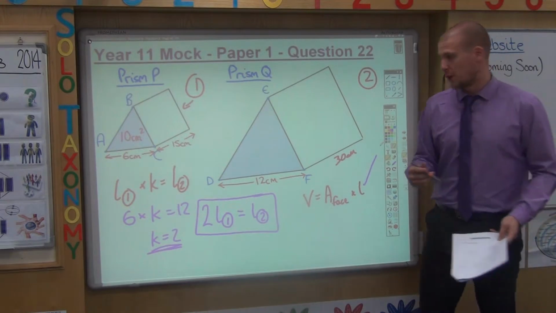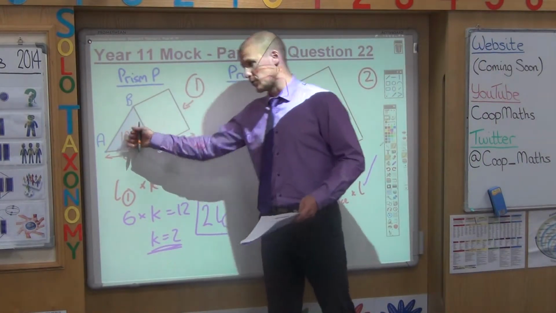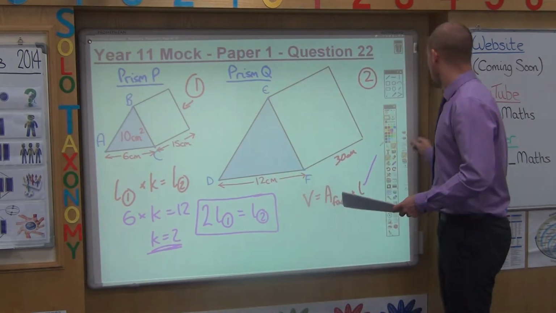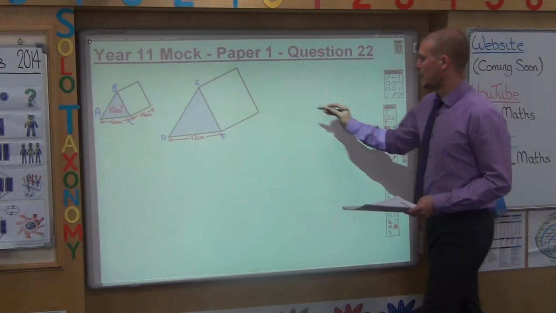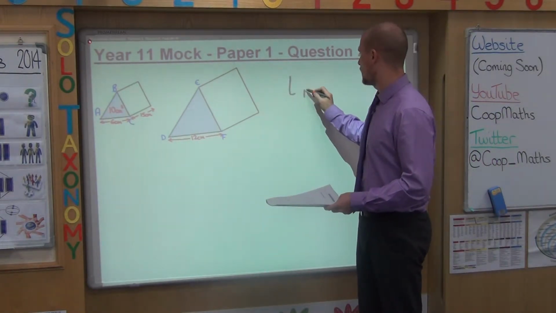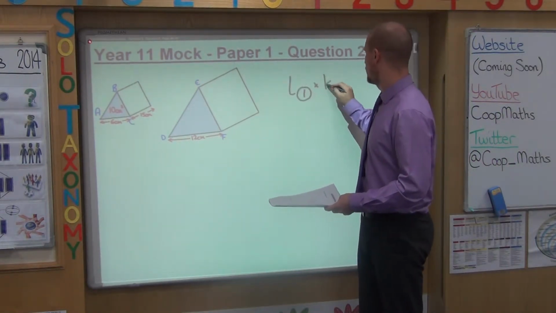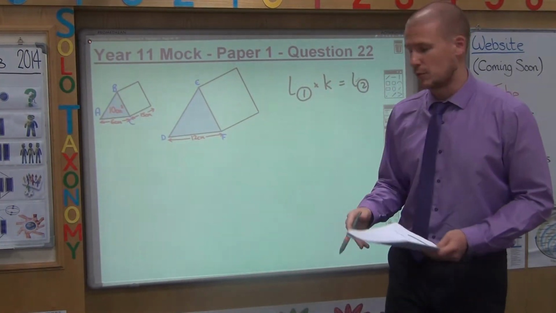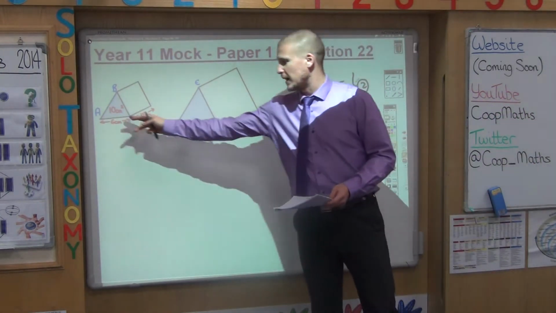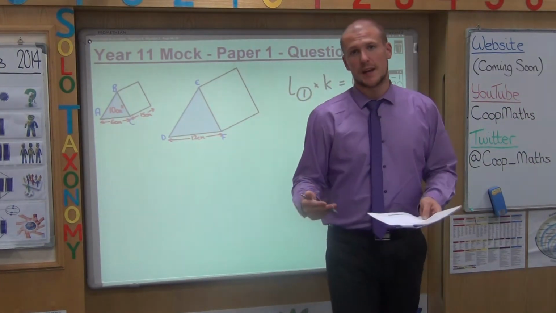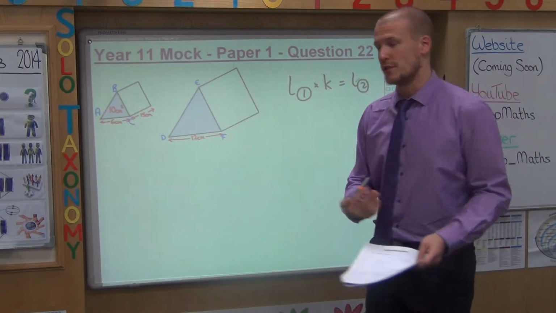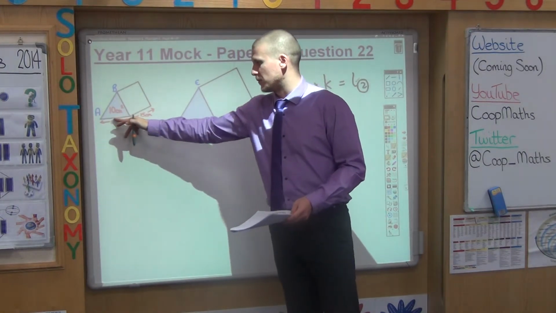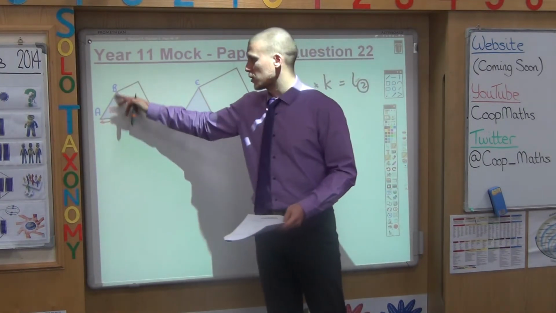And the knee-jerk reaction from there might be that the area of face is 10, so we double it and we end up with the area of the face here to get 20. It doesn't work like that. As much as we know that the lengths are connected by a k, areas and volumes are not connected by that same rule, because when you multiply a length by a number, area is a measurement of 2 dimensions. So if you have, for example, a triangle here where you have 6 across and 12 across, this triangle would also have a height.